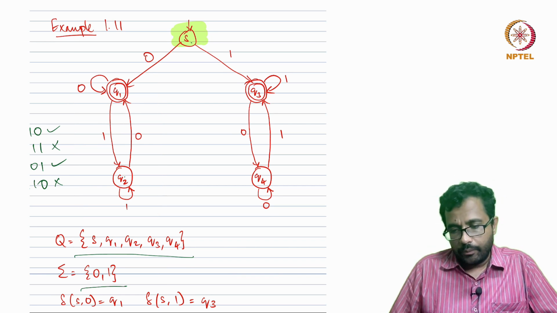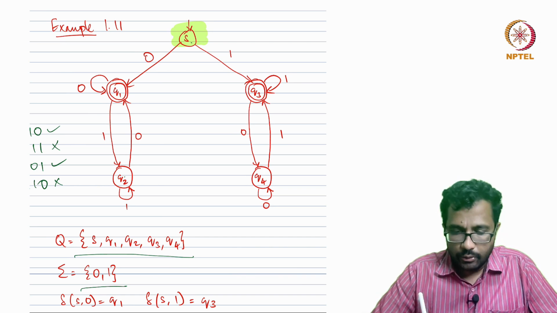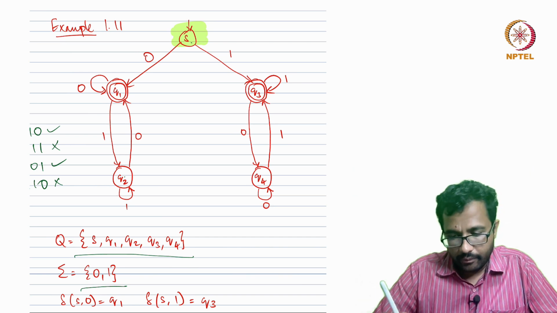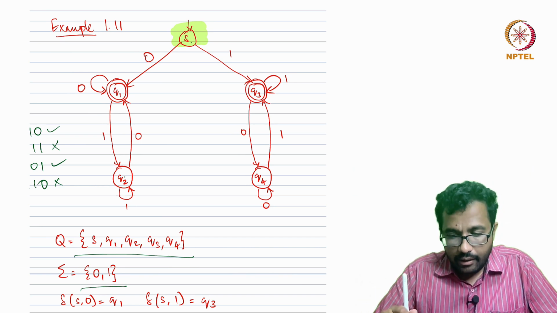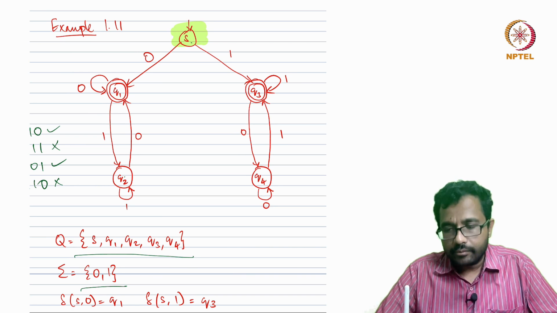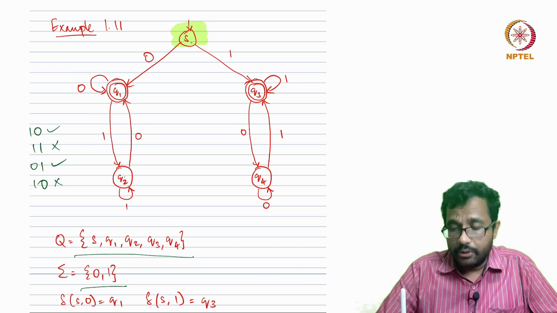So to get into the left side you need to start with 0, and to be accepted you need to end with 0. And to go to the right side you need to start with 1, and to be accepted you also need to end with 1.